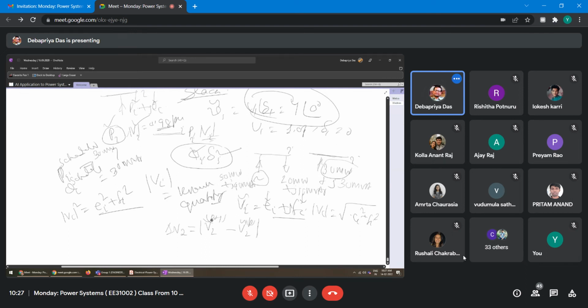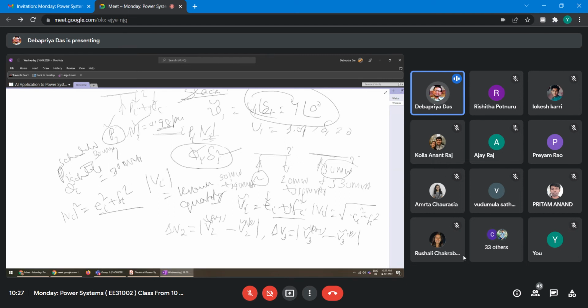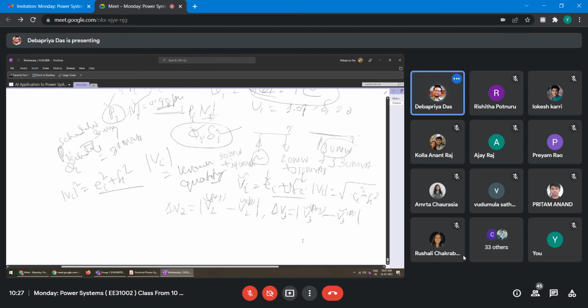This is your phasor quantity. Similarly, V3 at P plus 1 minus V3 at P. When I put a tilde, it is a phasor quantity. Then after that, you are taking the absolute value, so ultimately it will be a real quantity, right?